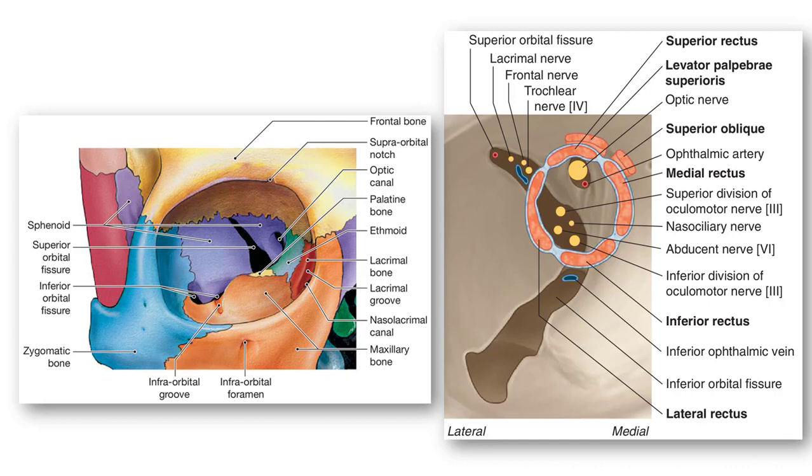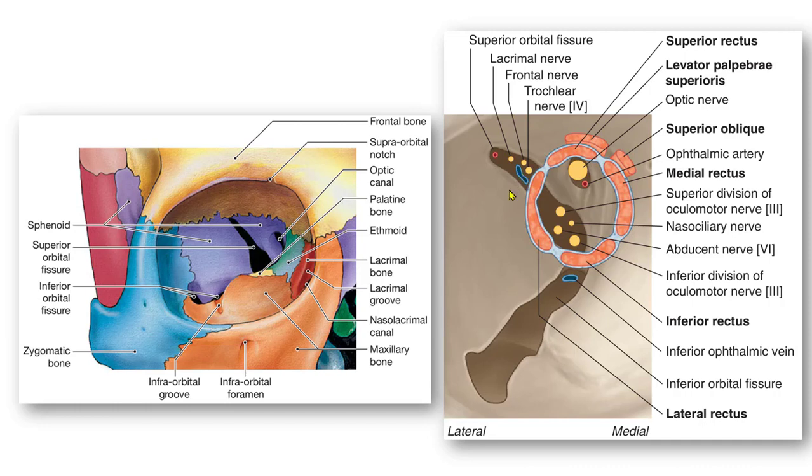The superior orbital fissure gives passage to a number of significant anatomical structures, such as the superior and inferior divisions of the oculomotor nerve, the trochlear nerve, some branches of the ophthalmic nerve, the abducent nerve, as well as the superior and inferior ophthalmic veins.